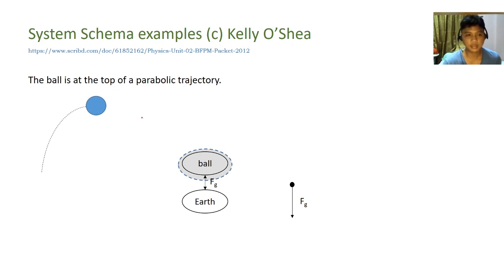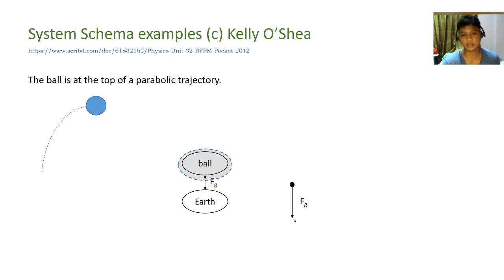We're assuming that there is no air resistance here. Otherwise, the air would be one of the main objects as well. But if there is no air resistance, then it's just the ball and the earth interacting gravitationally. And as we highlight and make the ball our system, we have one external force, and that is the gravitational force.